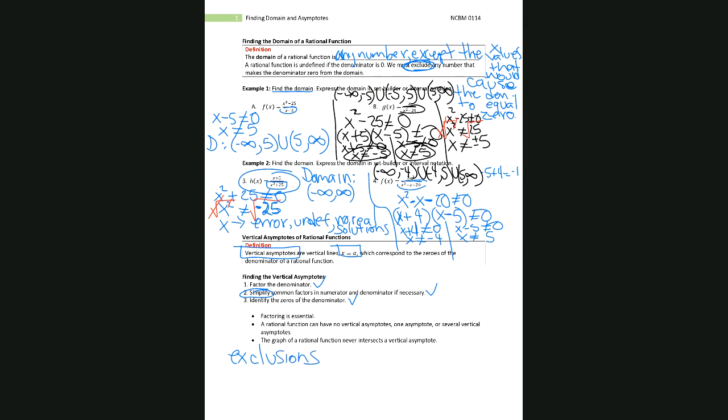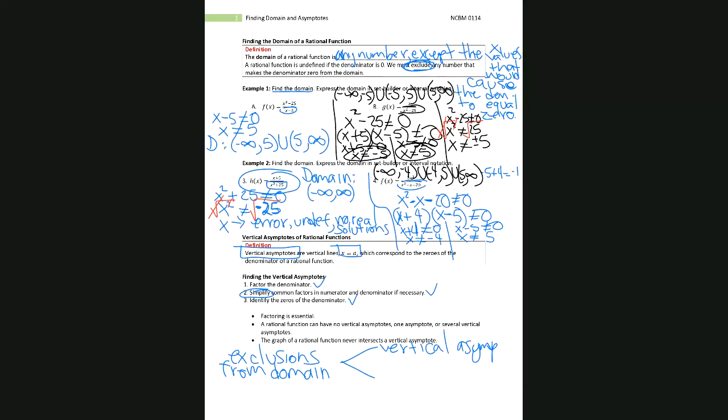Some of them will not. So whenever we're not able to simplify or cancel out a factor from the denominator, that exclusion will still be a vertical asymptote.